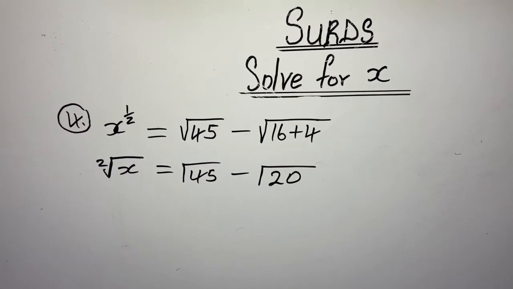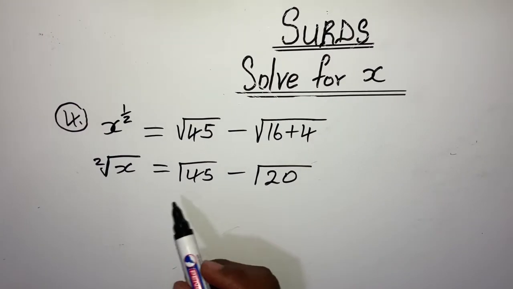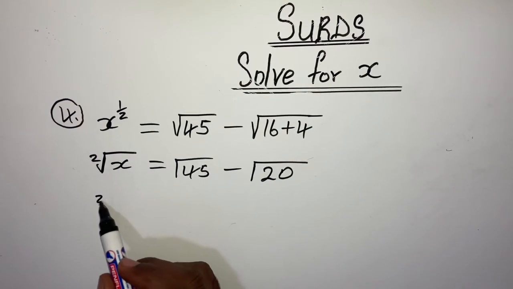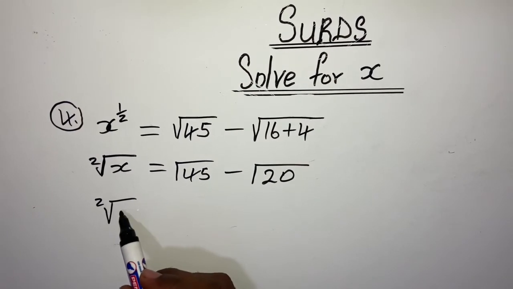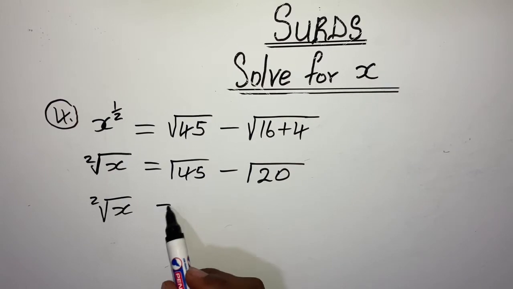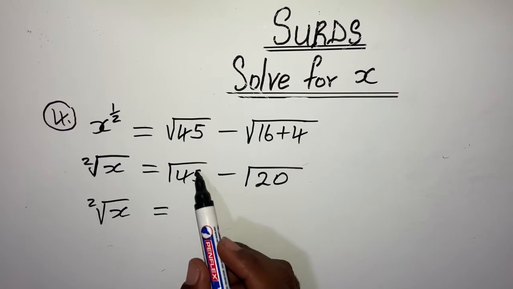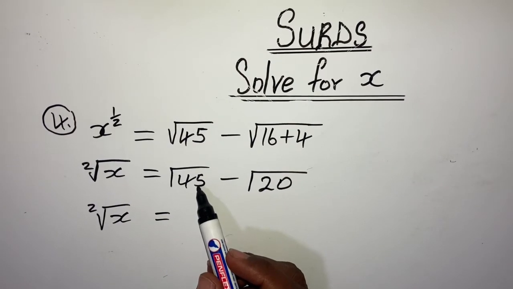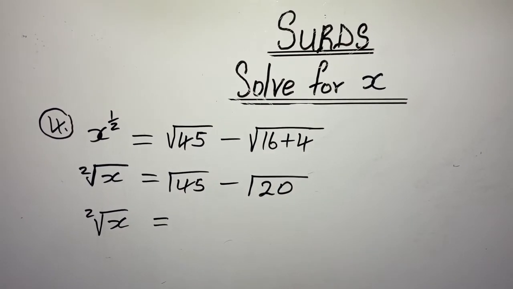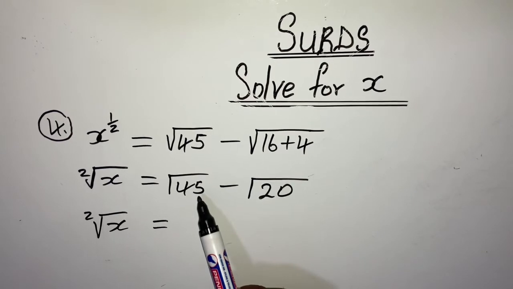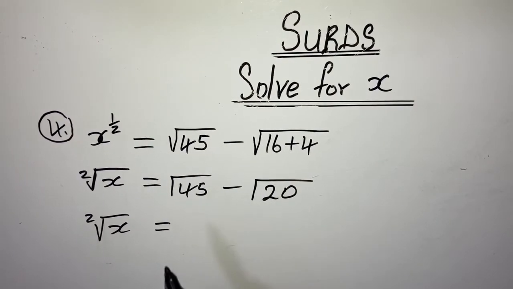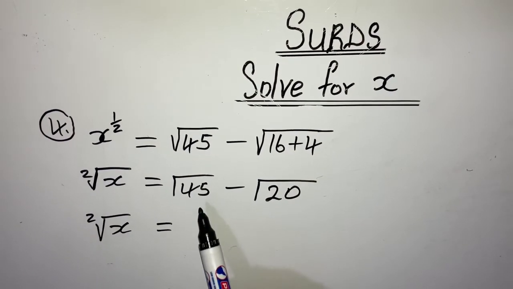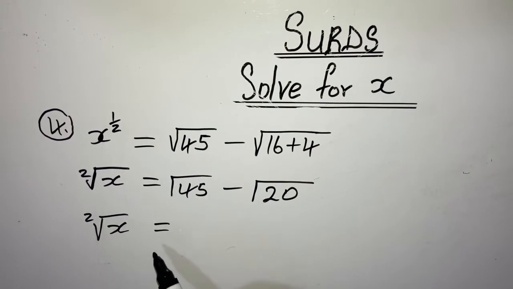Then from here, we can go on to solve what's on the right, which is a 45. A 45 is not a perfect square, so I need two numbers that I'll multiply, and they must give me a 45. Then one of those numbers must be a perfect square.